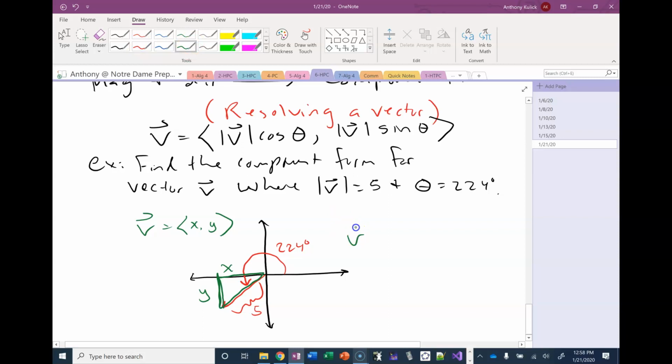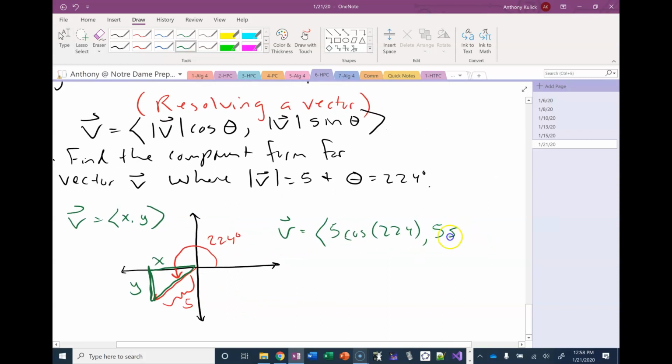So in this case, I can do v equals 5 times cosine of 224, and then 5 times sine 224. And when I type this into my calculator, I get approximately negative 3.60, comma, negative 3.47.